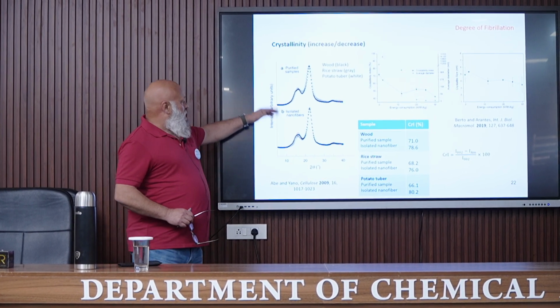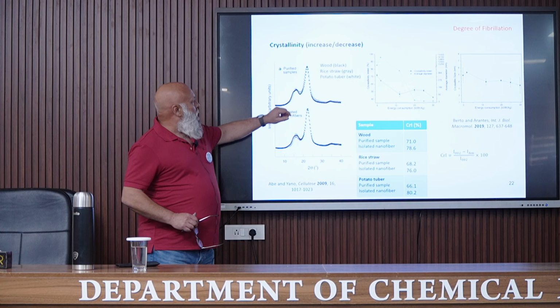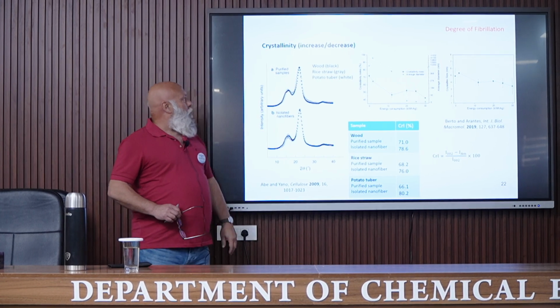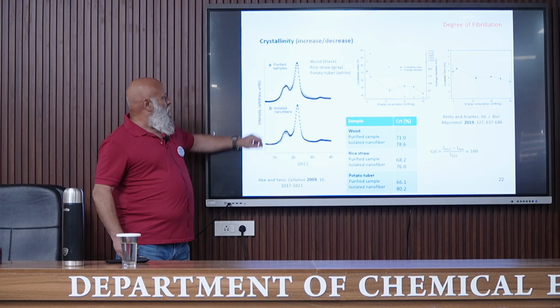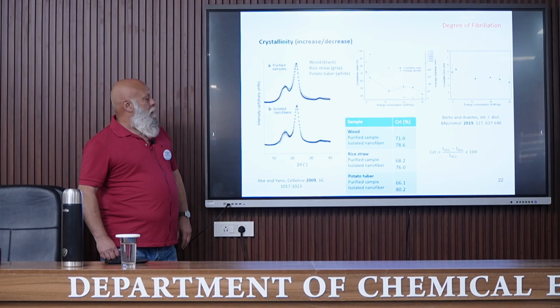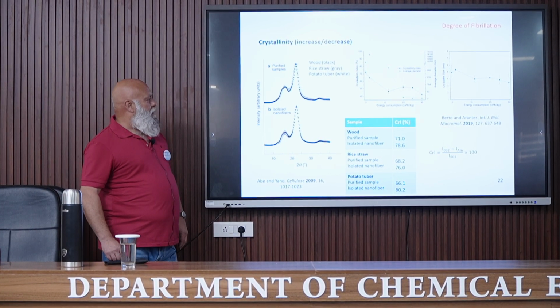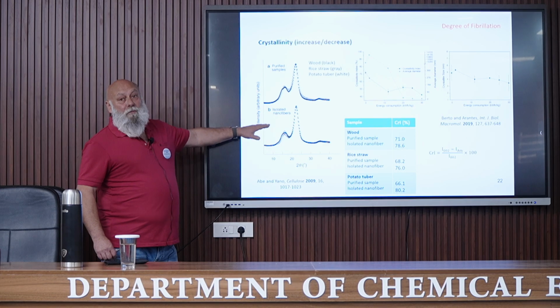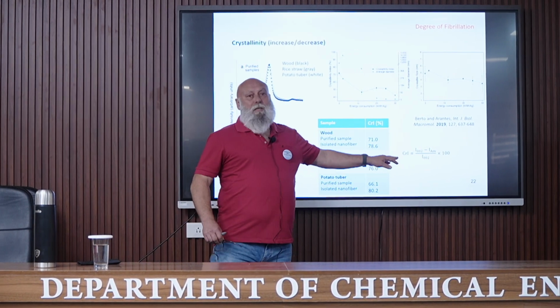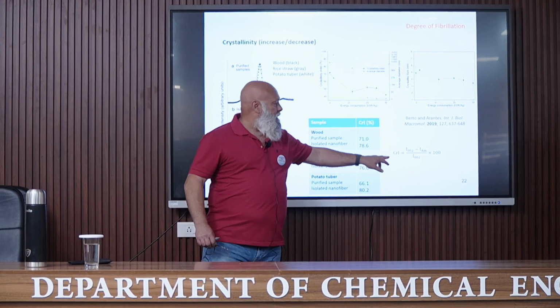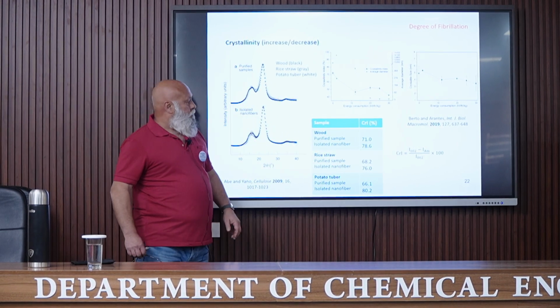You have here some X-ray diffraction patterns corresponding to different sources of cellulose. This is for purified cellulose, and this is for the nanofibers or nanofibrils that have been extracted. From this X-ray diffraction pattern, it's possible to determine what is called a crystallinity index from this equation.